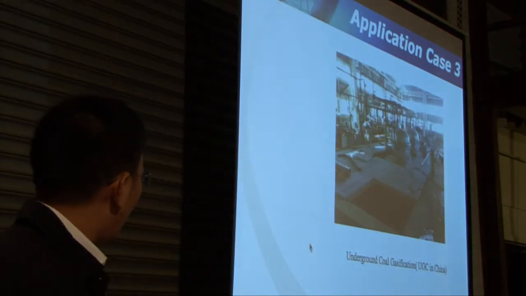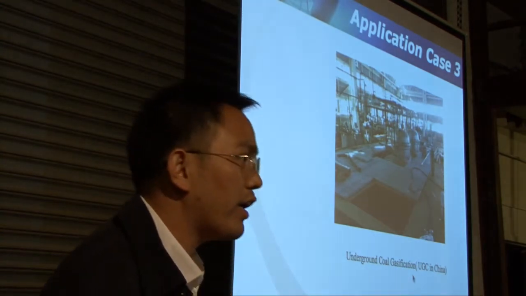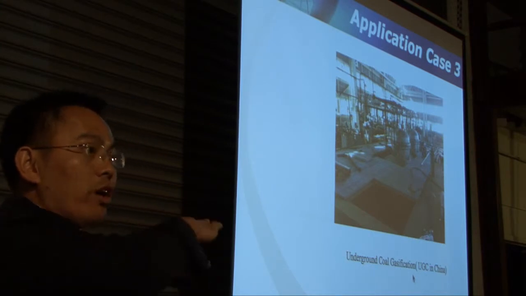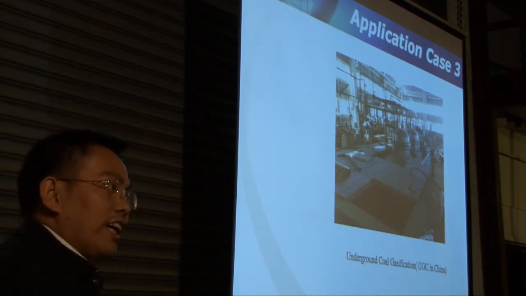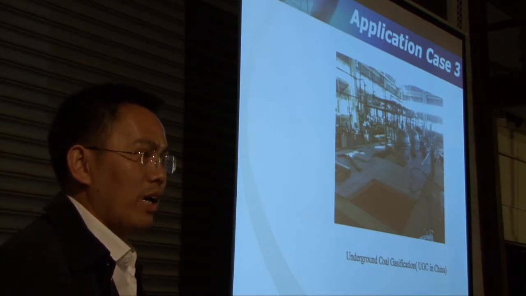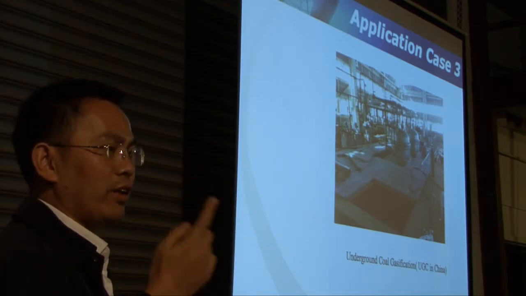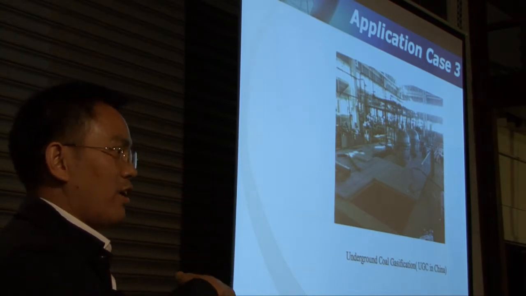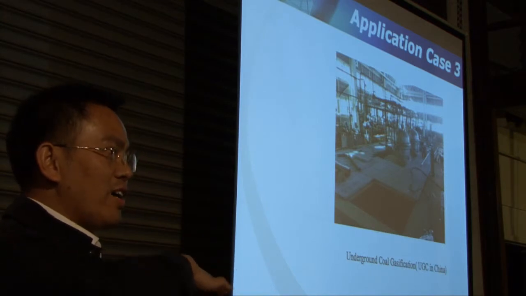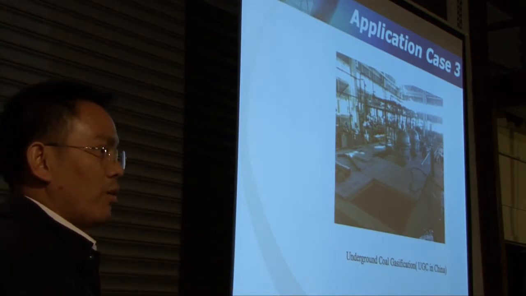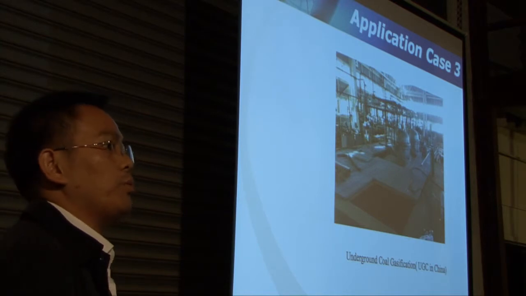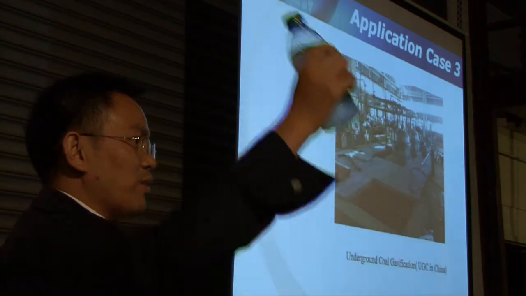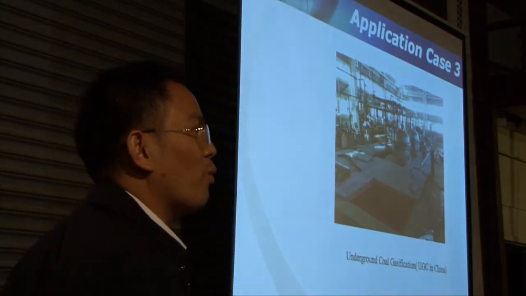The third one is for underground coal gasification, in China. This is especially for brown coal with high moisture. If you take it out, shipping is a problem, just like in the USA, in North Dakota. In Grand Forks, North Dakota, they are very rich in brown coal, but when they take it out it's very difficult to ship, and in freezing weather you cannot remove it.